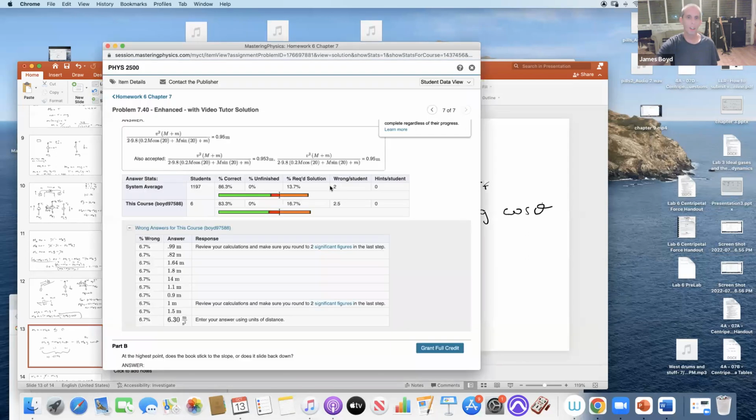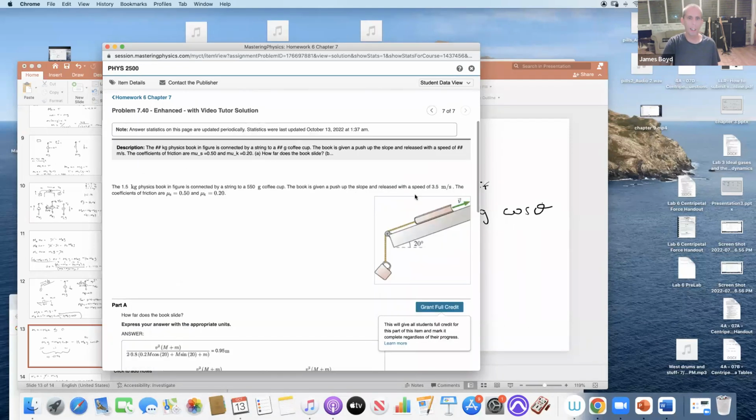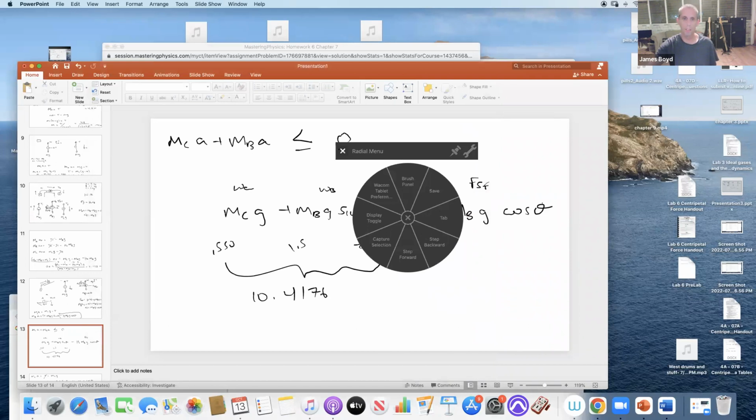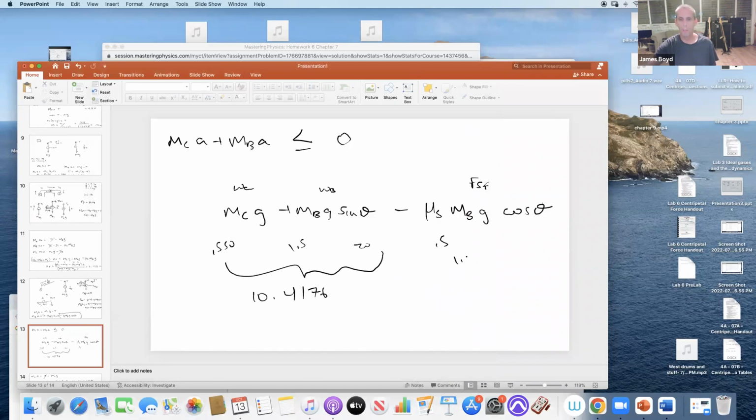This one, mu_s was 0.5. So 0.5 times 1.5 times 9.8 times cosine of 20 is 6.906, assuming I did that right.